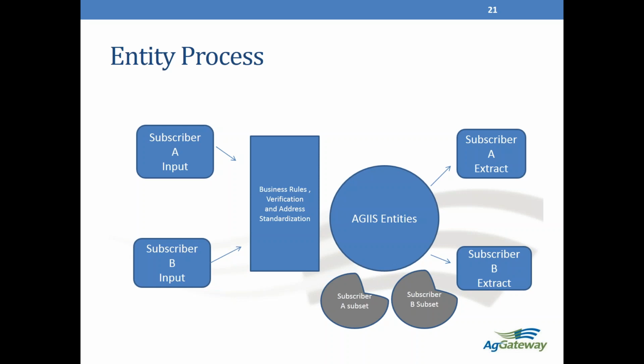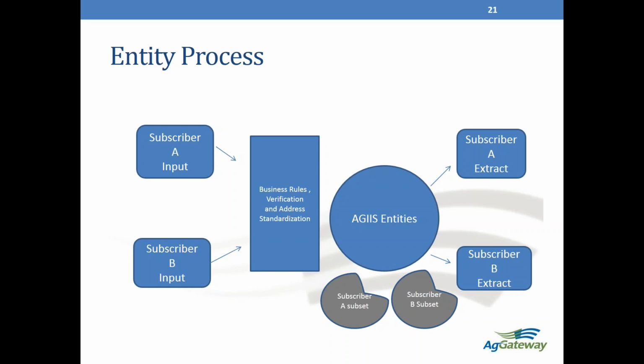Each subscriber, if you're a full subscriber, has the ability to create a subset. These are entities that you may be interested in. If you're an ag retailer, it may be the customers you sell to. If you're a distributor, it may be retailers you sell to and locations you deliver to. But you have your own subset of entities.